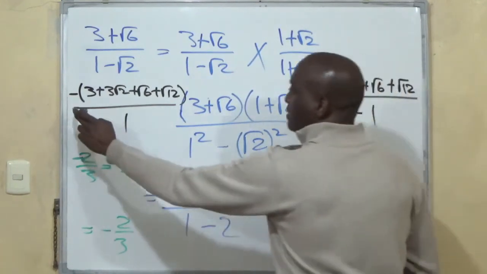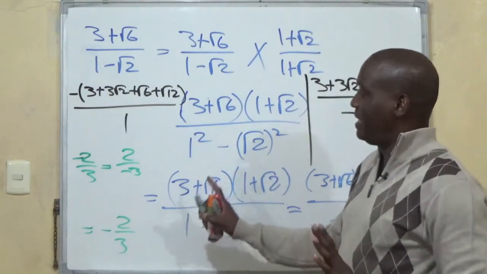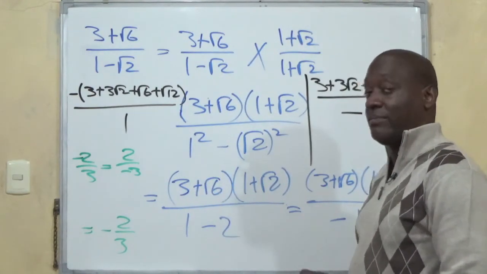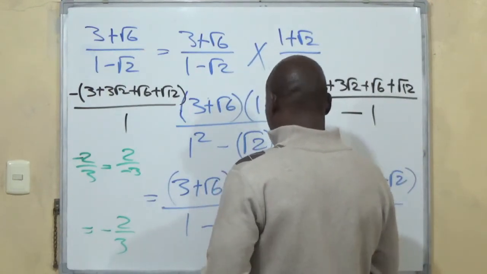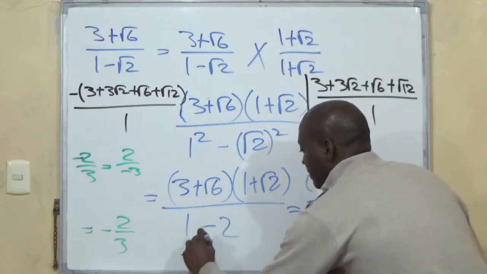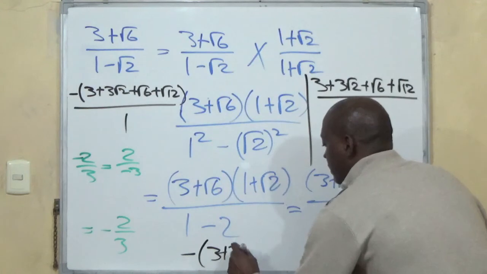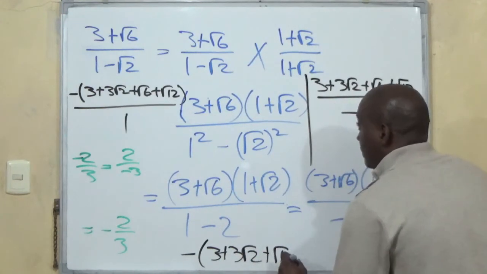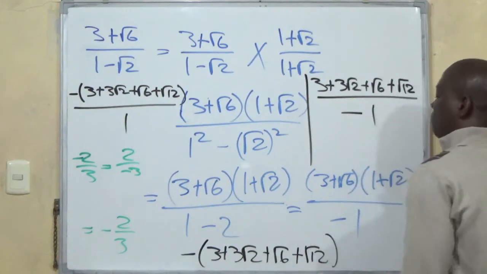we could do this. And in this case, because the denominator is 1, what we will actually end up with would simply be, and I'm coming down in the bottom here now, minus into 3 plus 3 root 2 plus root 6 plus root 12.